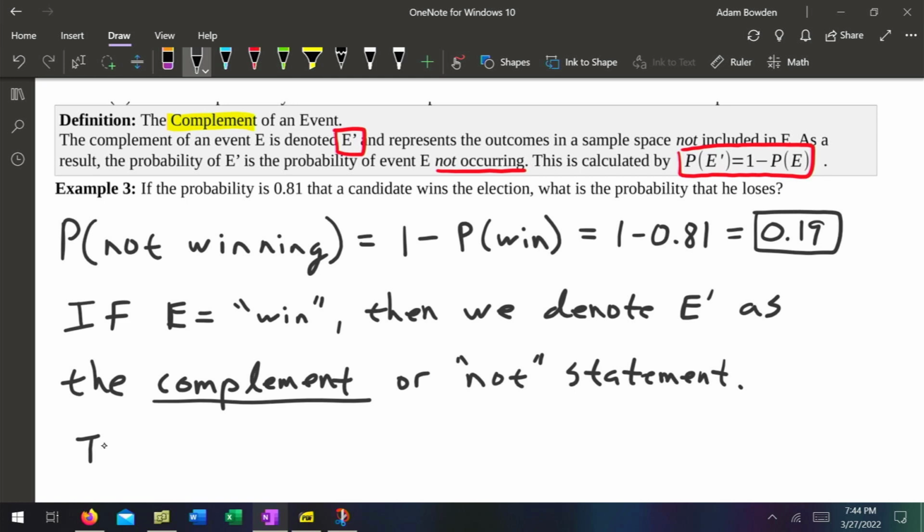So that means this E complement stands for not winning here. And as we see, the only thing we have to do to calculate the probability is to take the probability, subtract it from 1, and we get the probability of the complement.